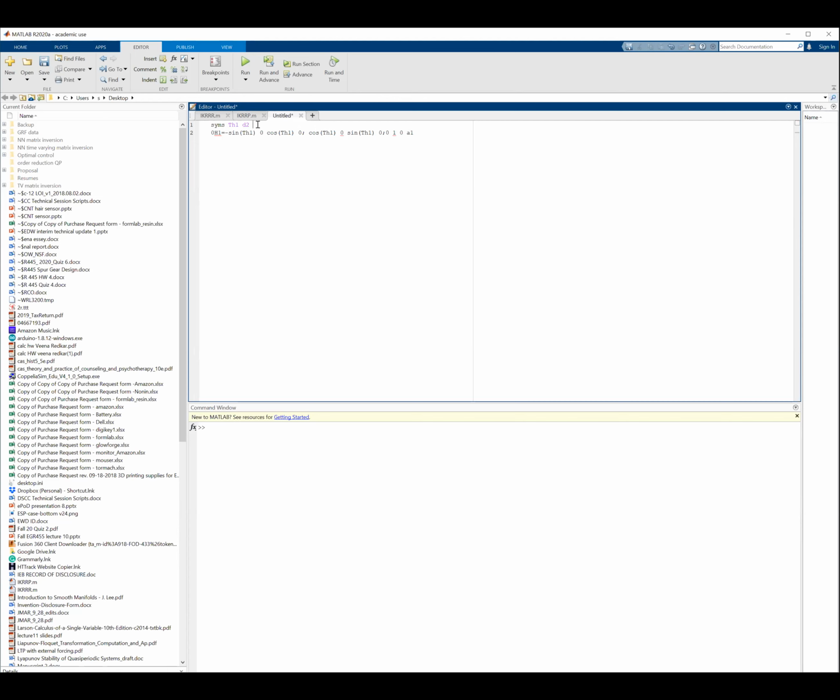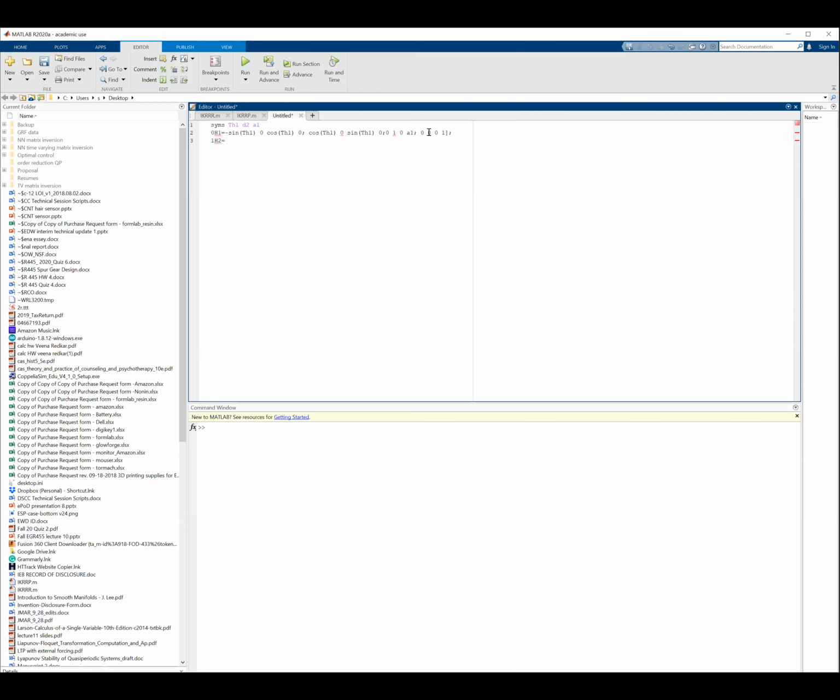I need to say a1 also as a symbolic variable. And the last row 0 0 0 1. So this is my 0h1.